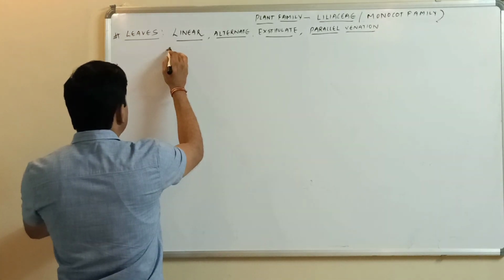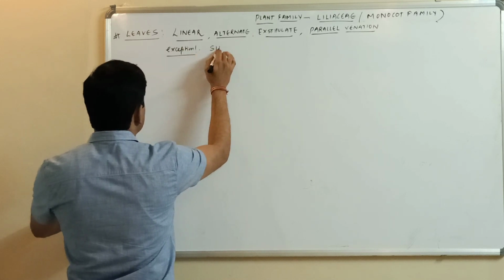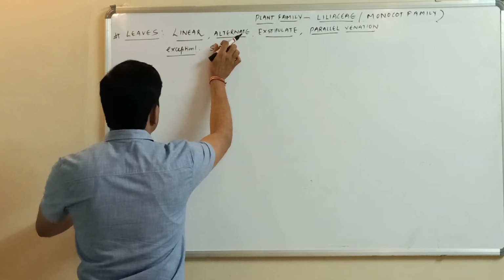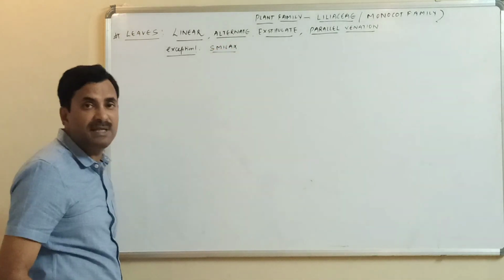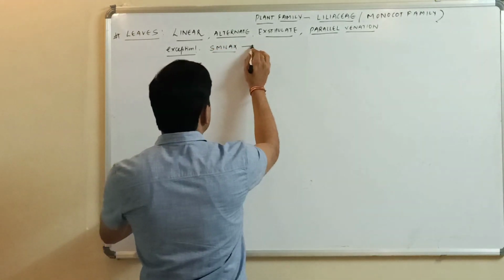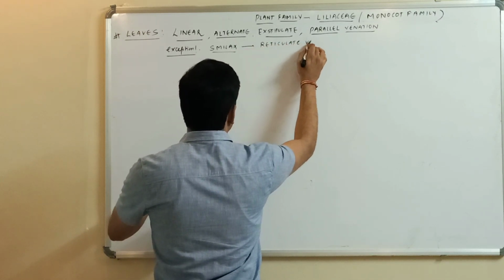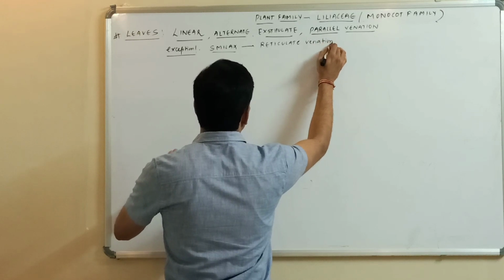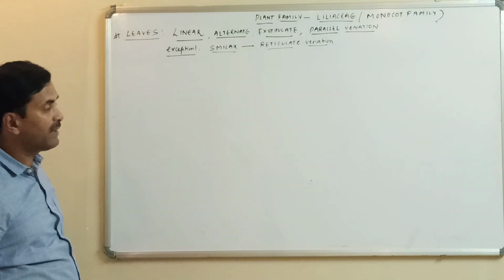But remember, there is an exception, and that is smilax. Smilax, though it belongs to this Liliaceae family, a monocot family, has reticulate venation.